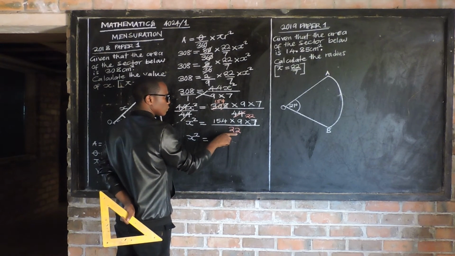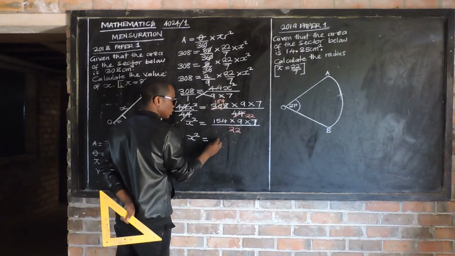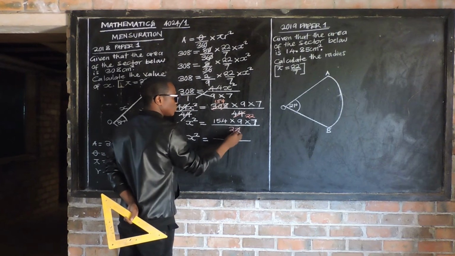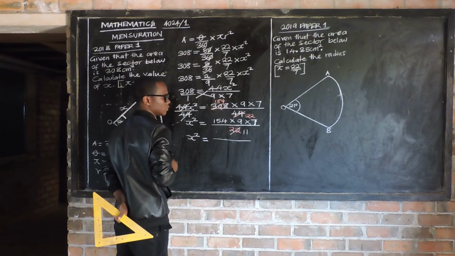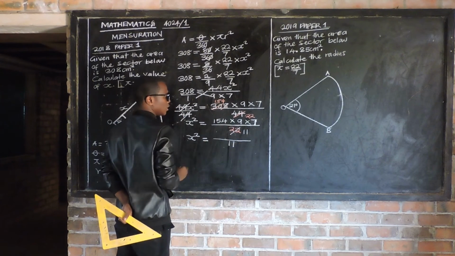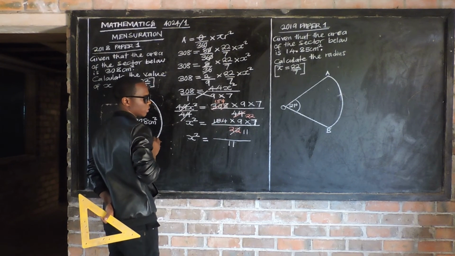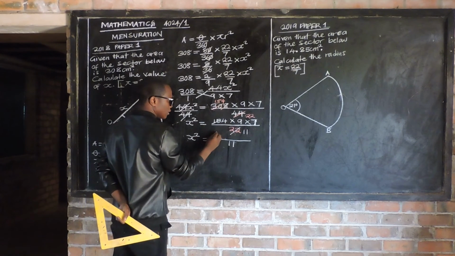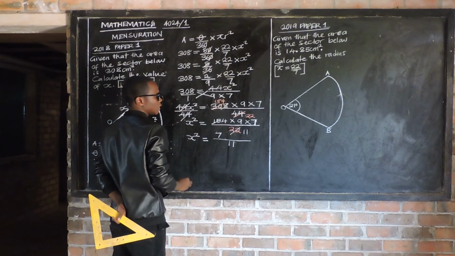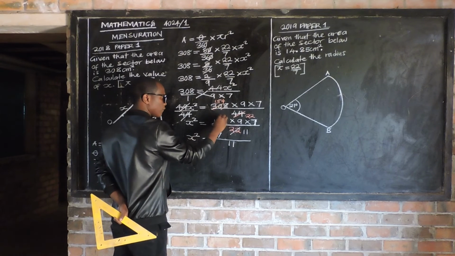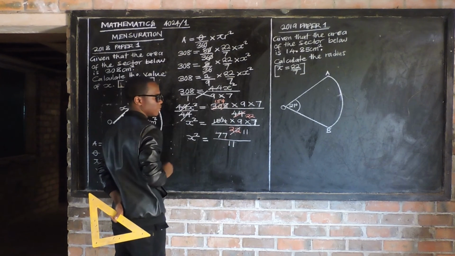2 into 22 gets 11. Then 2 into 15, you're going to get 7 remainder 1. This one becomes 14. 2 into 14 is 7, no remainder.